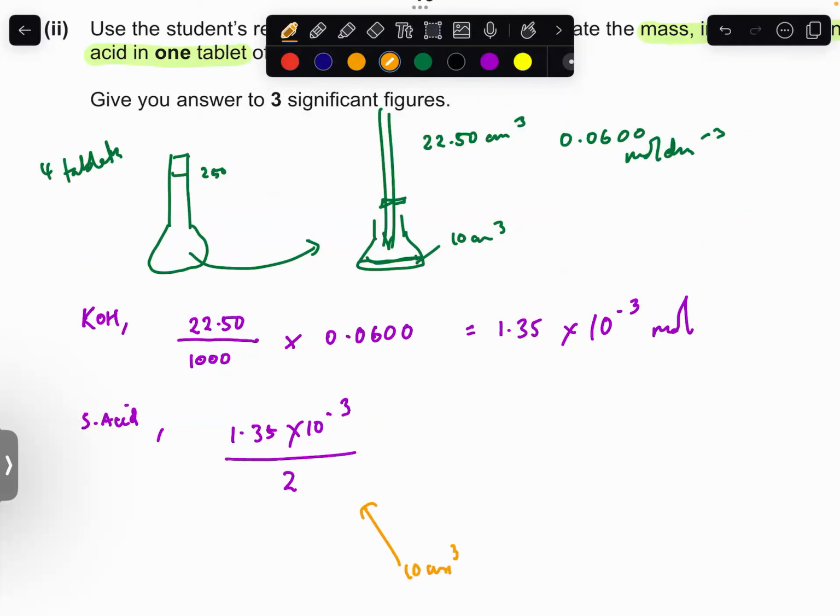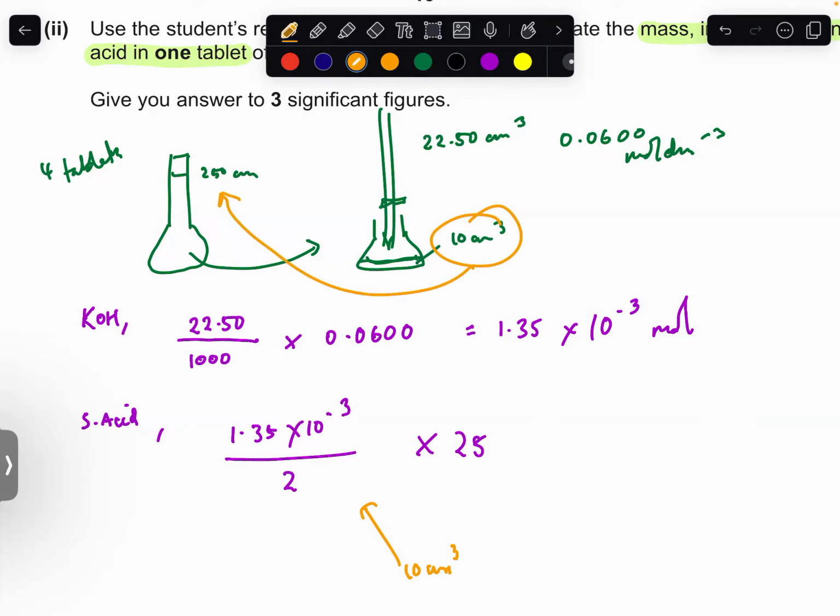How do we work out how many moles of succinic acid is in 250? We need to multiply it by 25. That scaling factor is this, from here to there. So you multiply it by 25.